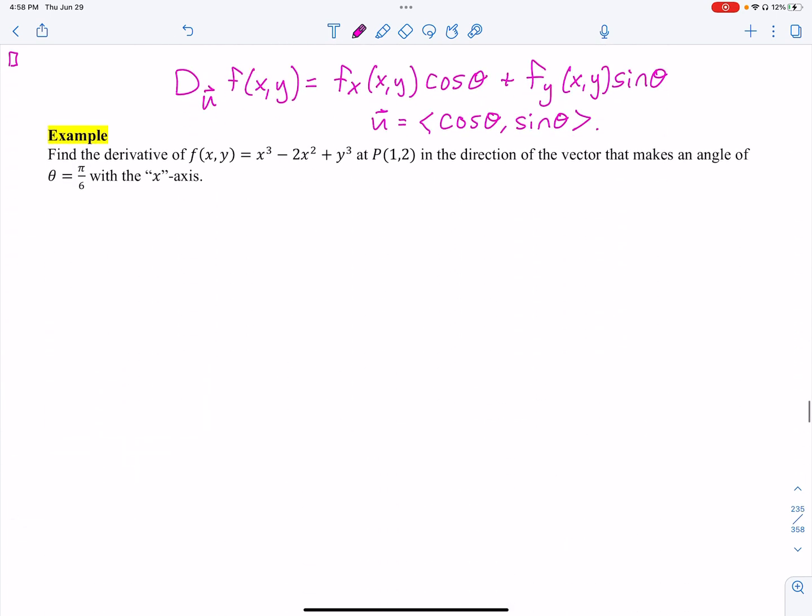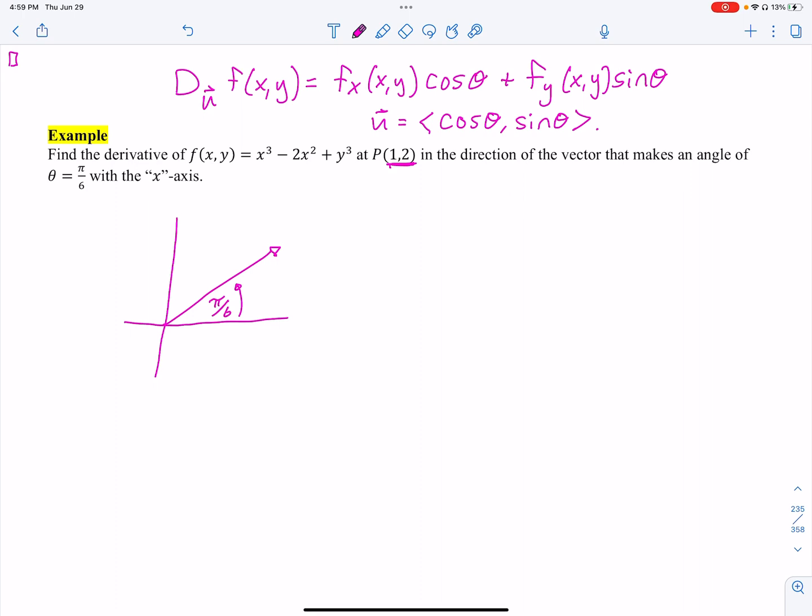All right, so consider this example. I wrote the definition up there, and what u means in this case. Find the derivative of this function at the point (1, 2) in the direction of the vector that makes an angle of pi over 6 with the x-axis. I'm going to draw a picture just to help myself out. I know I have a vector that goes like that, and the angle in between is pi over 6. We're trying to find the derivative that goes in that direction from the point (1, 2).